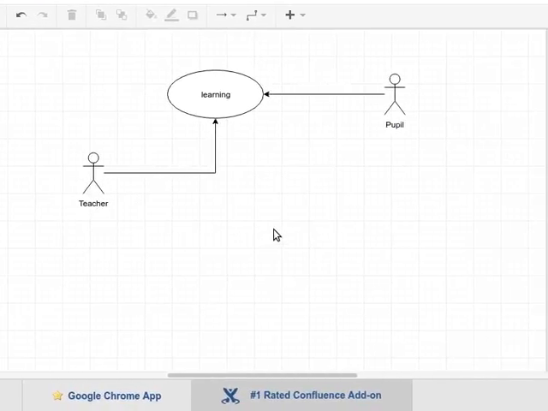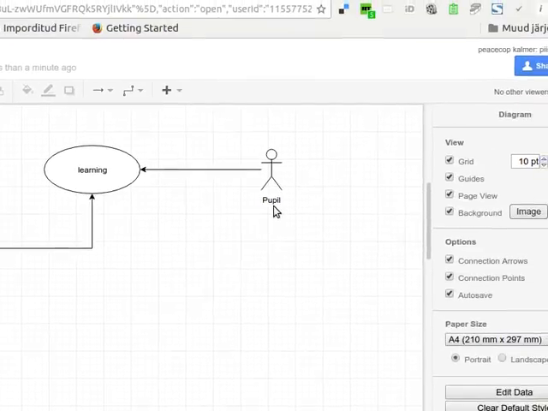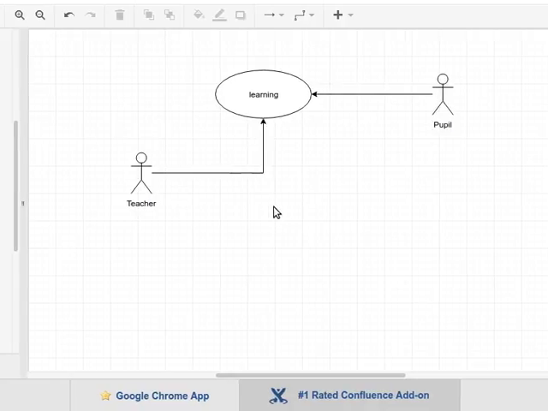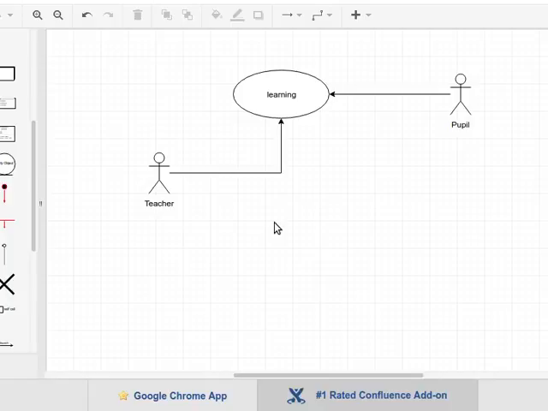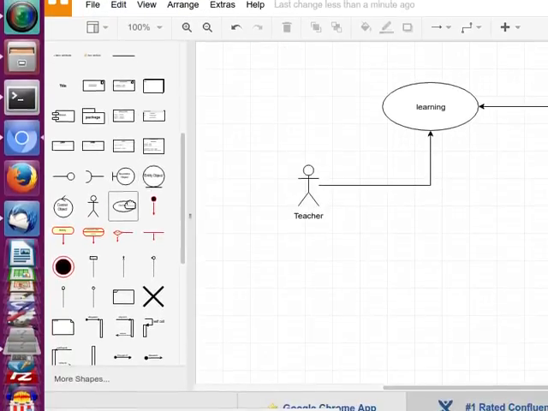But can you bring an example of another use case that either pupil or teacher can do? What else can a pupil do, or what else can a teacher do? Eat. Okay, let's bring this here.